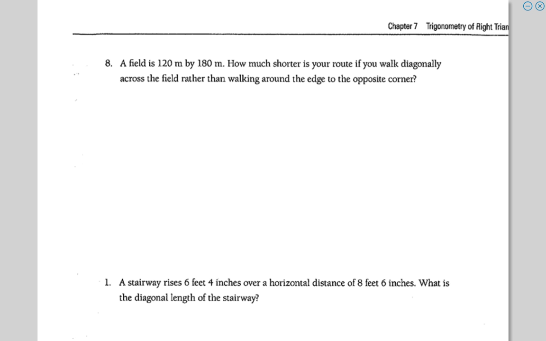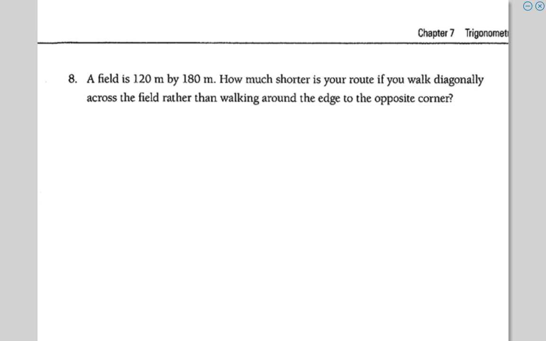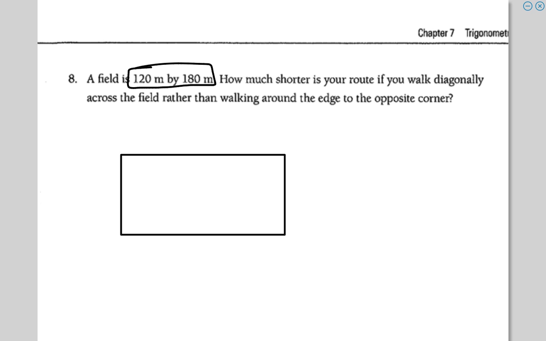Alright, here we are at number 8. A field is 120 by 180 meters. So we know from previous chapters that that is a rectangle. So let me just sketch in a rectangle. So 120 and 180.